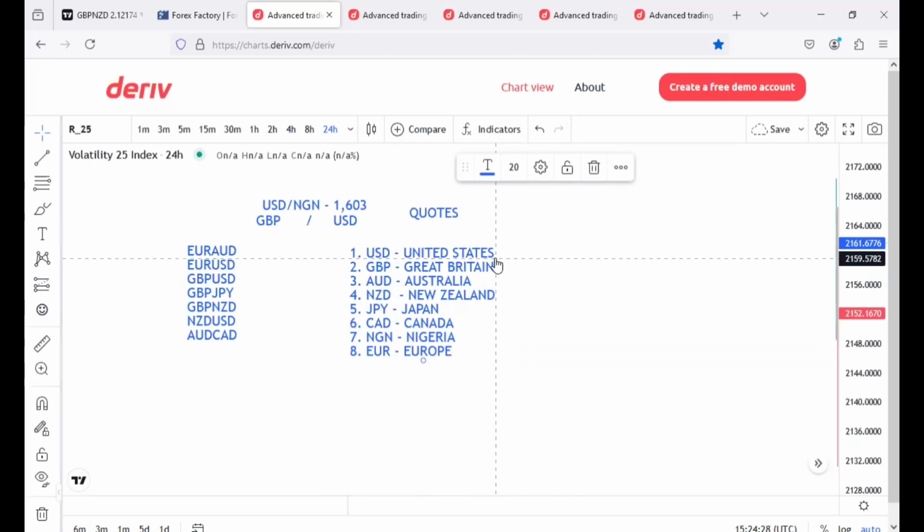So I think that will be all for currency pairs and base currency, quote currency. By now we should already know what a base currency is and what a quote currency is. You already know the different currencies. You already know that a currency does not stand alone unless it is paired with another currency. You already know the popular currencies and their full names.